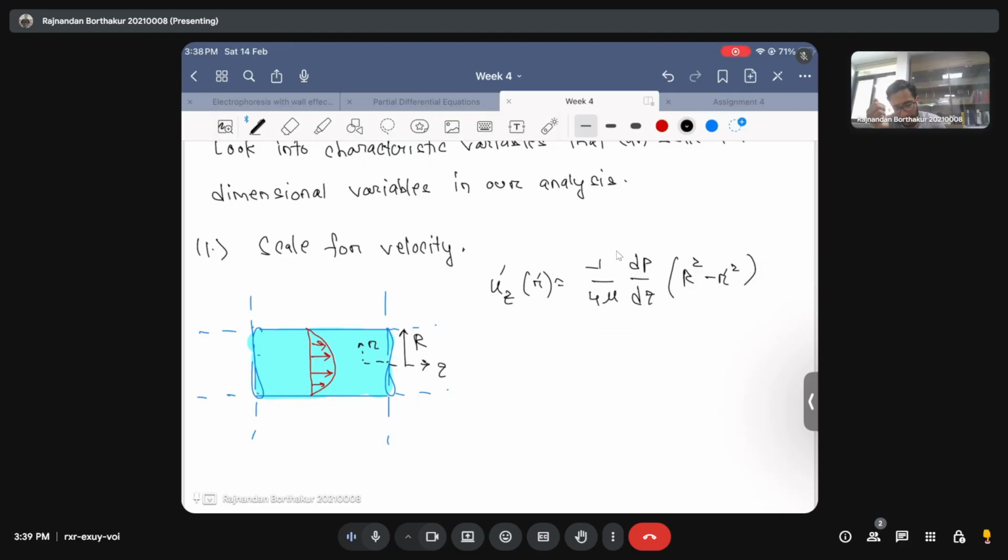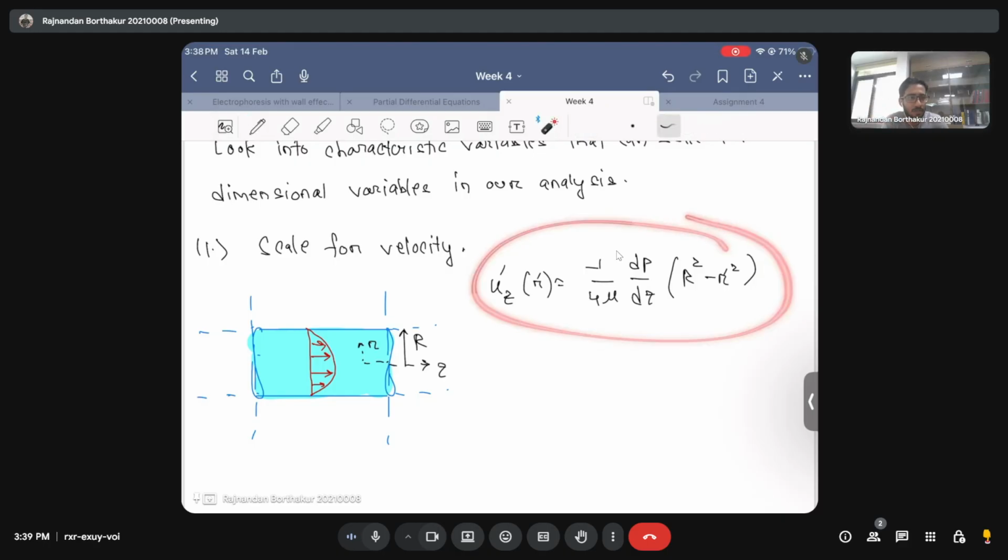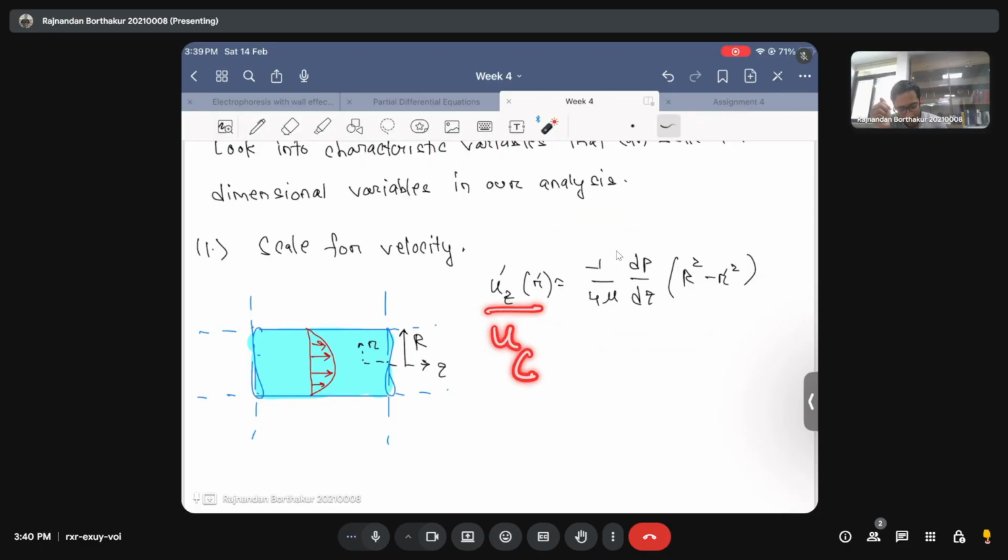This is precisely a dimensional quantity that actually has dimensions. Now if you ask me, can I choose a characteristic velocity such that if I divide this dimensional velocity with the characteristic velocity, I will get a non-dimensional velocity field, which is just going to be u_z, a function of r, where z, r and u are now non-dimensional quantities.